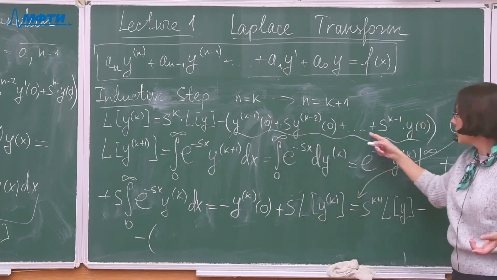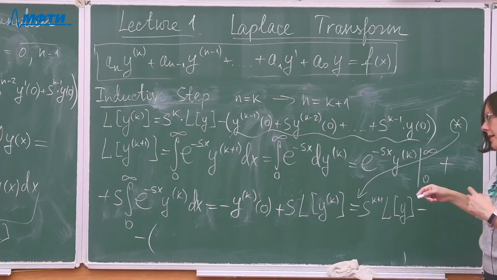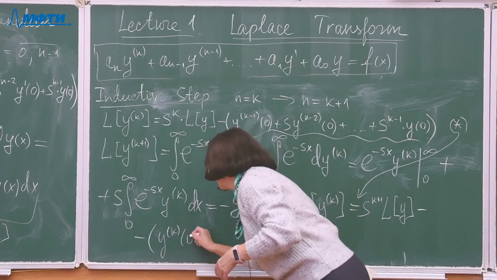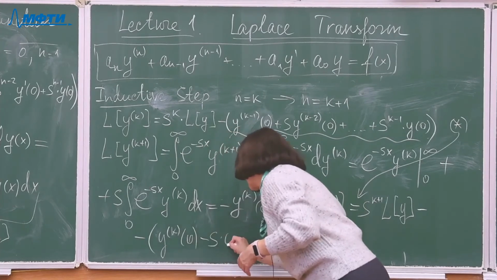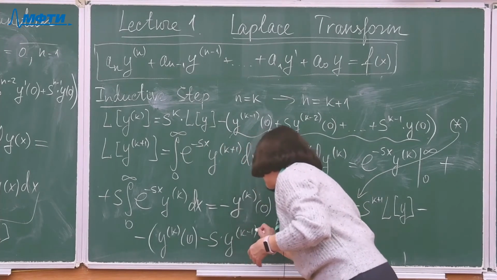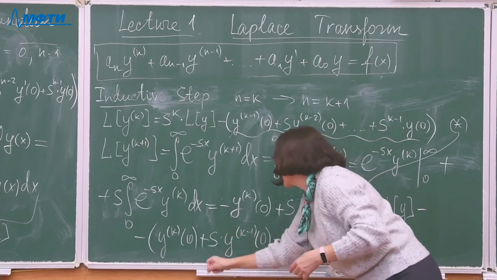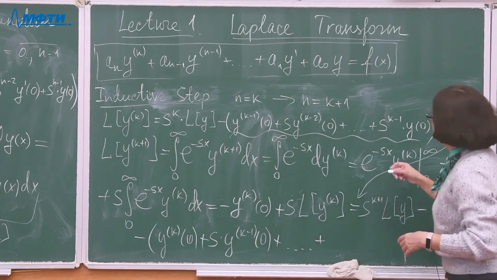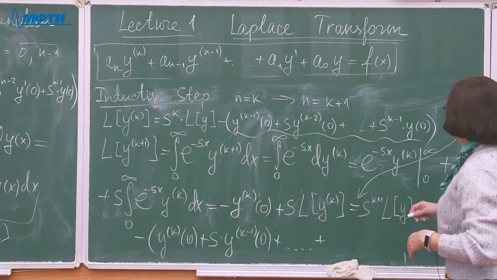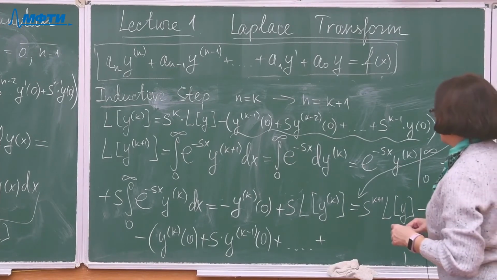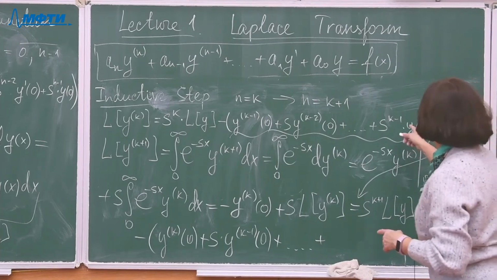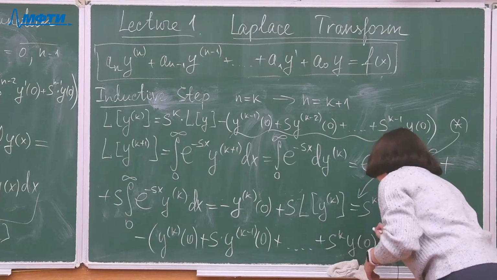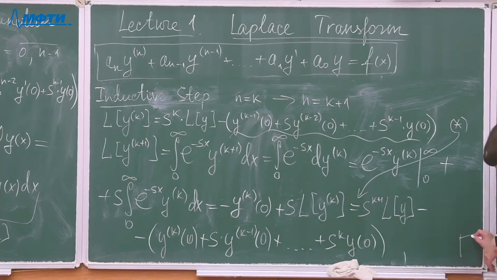So this is minus y^(k) of 0 minus s times y^(k-1) of 0, plus, plus, up to s^k times y of 0. Okay, so this formula is proved.